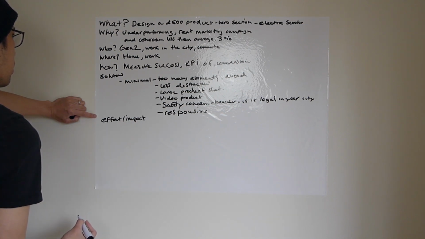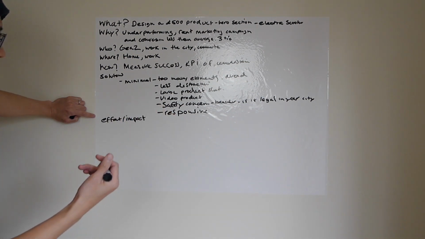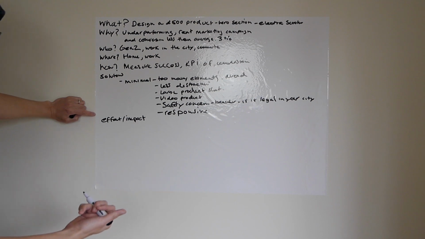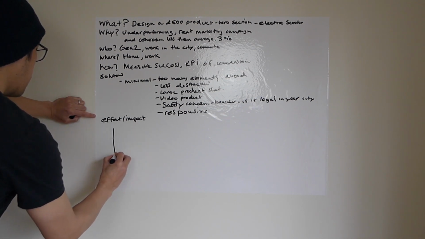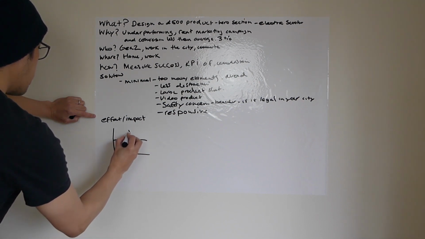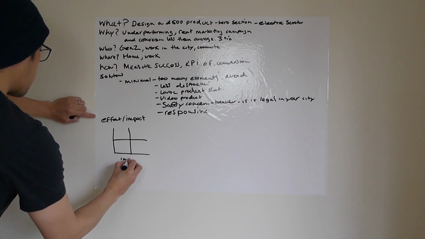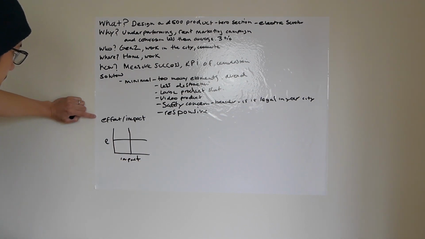Okay, so I'm thinking mainly there's two things here, which is either a video or a photo. So for example, we've got this very simple thing here. So you've got impact, and then we'll just put E for effort.